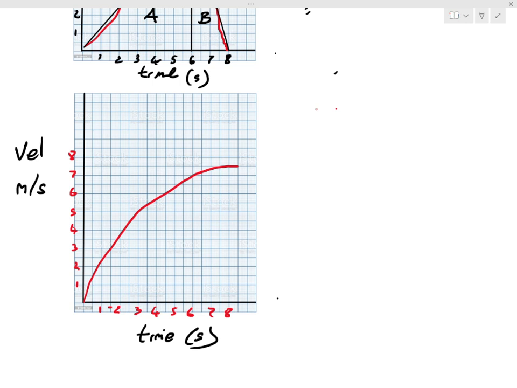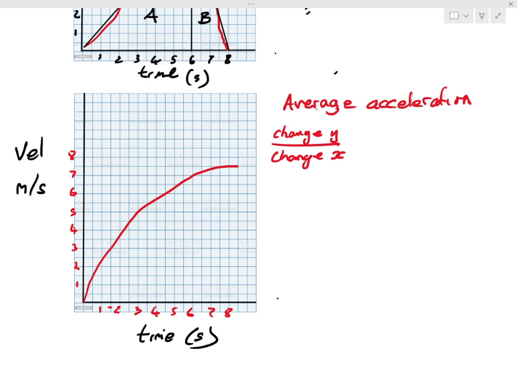You might have to work out the average acceleration. Let's have a look. Overall, yeah? So we know that the average acceleration is the change in y over the change in x.